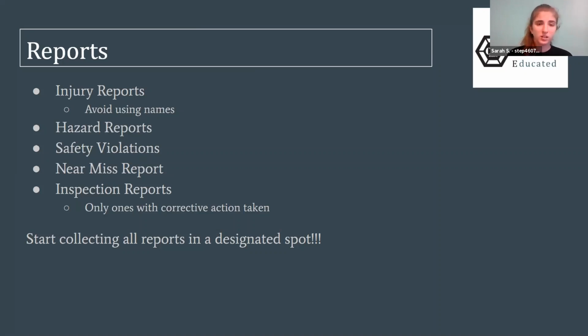You're going to want to start collecting all of your reports in a designated spot. Before, we had them in a very all over the place way, so we want to make sure that we're not.